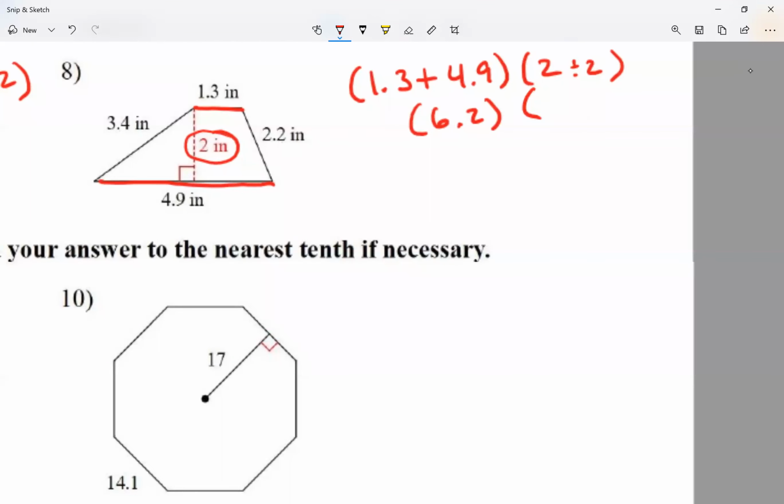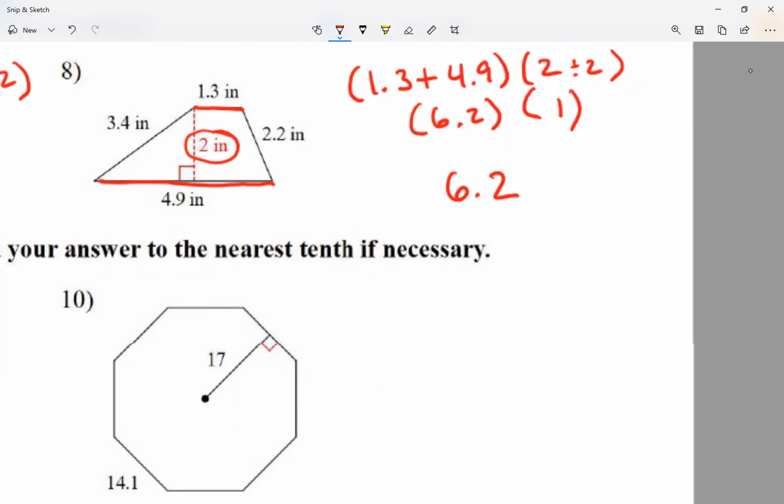The second parenthesis, 2 divided by 2, that's 1. When I multiply my two parentheses, 6.2 times 1 is 6.2. My answer, it's okay to have a decimal, but just one decimal place, which is what I have. So 6.2.